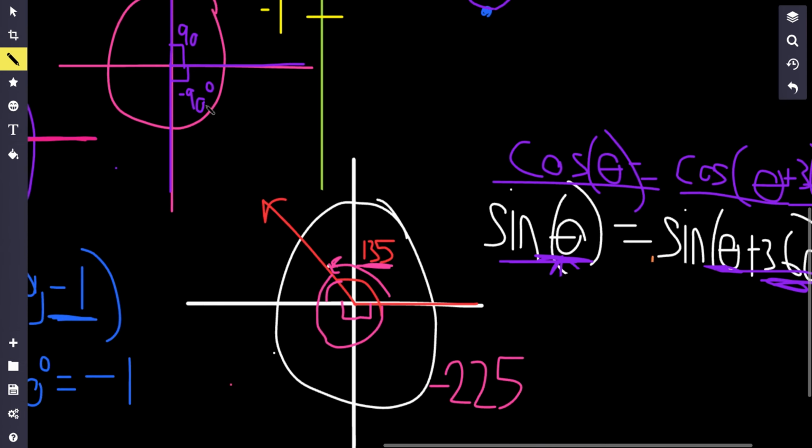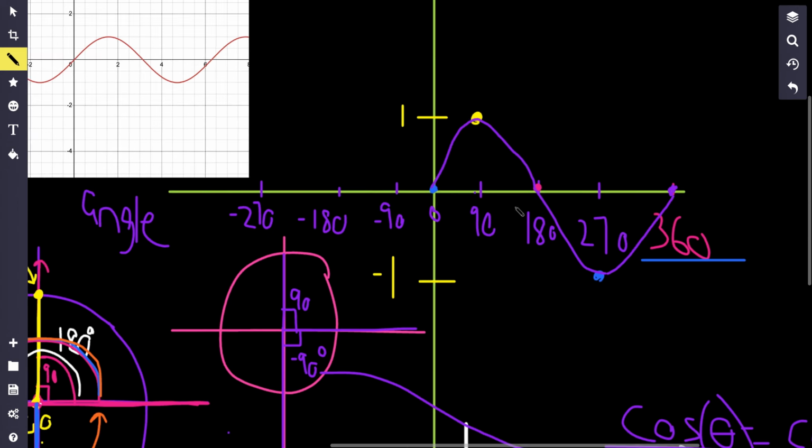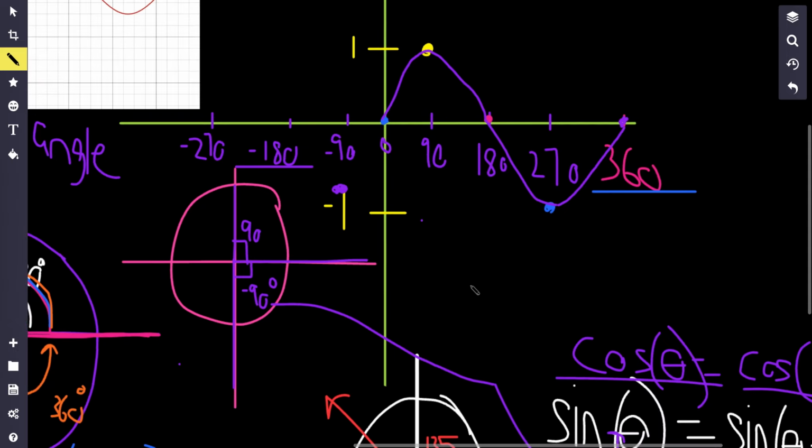Now, notice that if I plug negative 90 into my formula, sine of negative 90 is equal to sine of negative 90 plus 360, which is 270. We know that sine of 270 is negative 1, so we can just plot that here. What about negative 180 degrees?